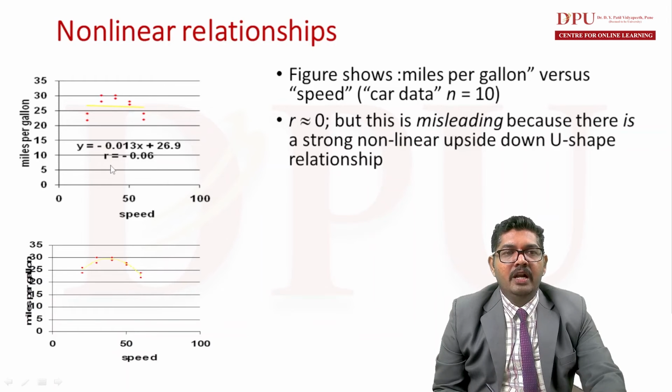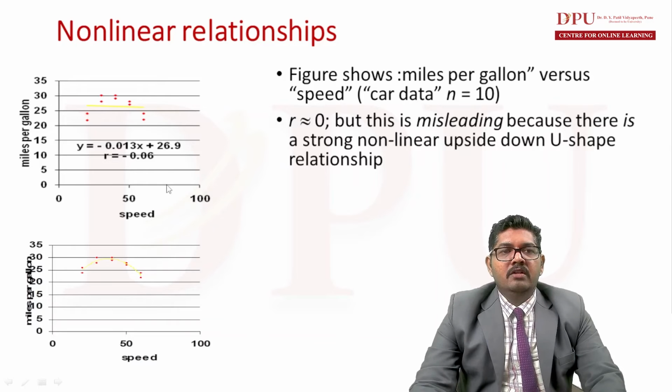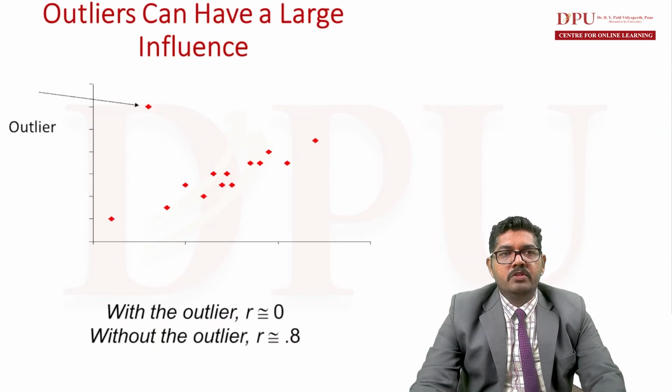And when we calculated R, it is 0.06, which is approximately equal to 0. So this is misleading because there is a strong relationship between the speed and the mileage, right? That's why R is not suitable for non-linear curvilinear relationships.